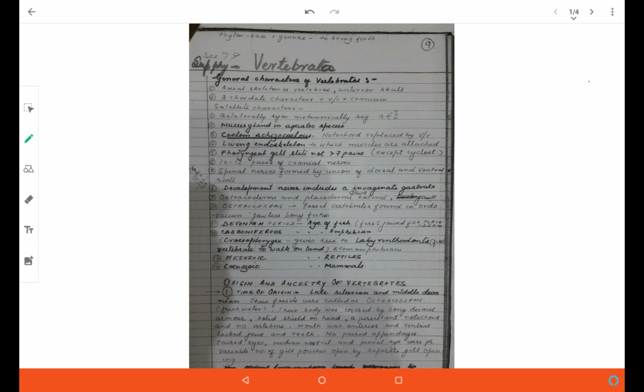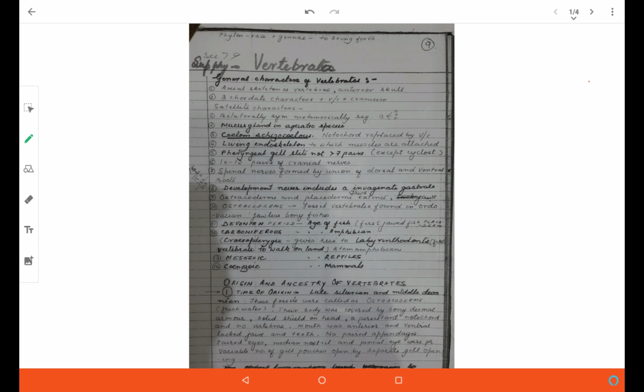After this Ordovician period, the Devonian period was the age of the fishes, and the fishes flourished at their best during this period. The first jawed fish was the placoderm, which is also extinct now.